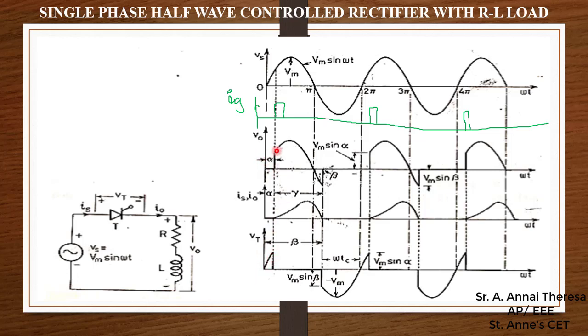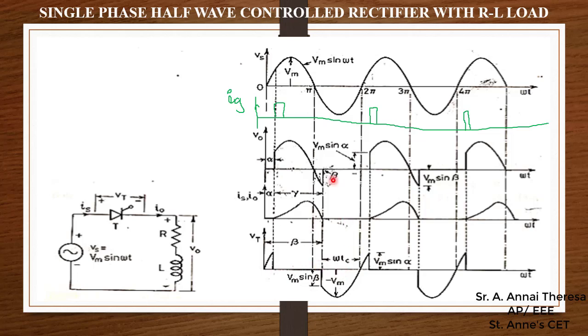Then the thyristor conducts from alpha to beta, so there will be no voltage drop across the thyristor. That is 0.